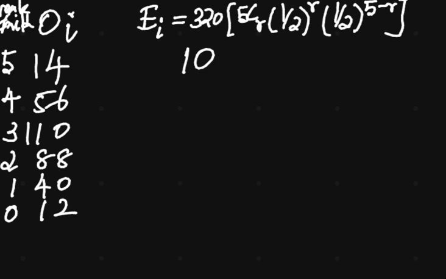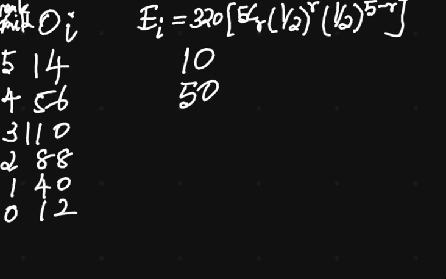Next, the r value is 4. That is 5C4; in the calculator you simply type 5C4, into (1/2)^4 into (1/2)^1, and you get the value 50.